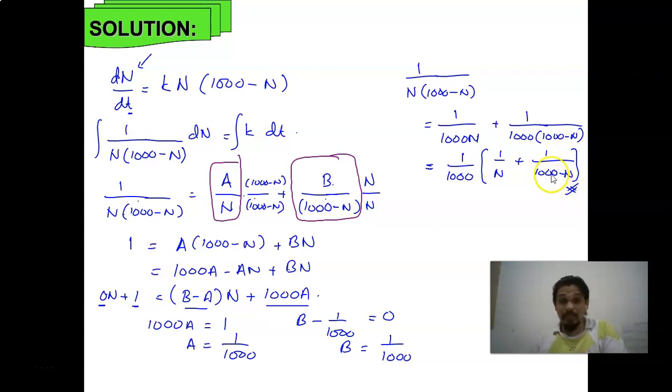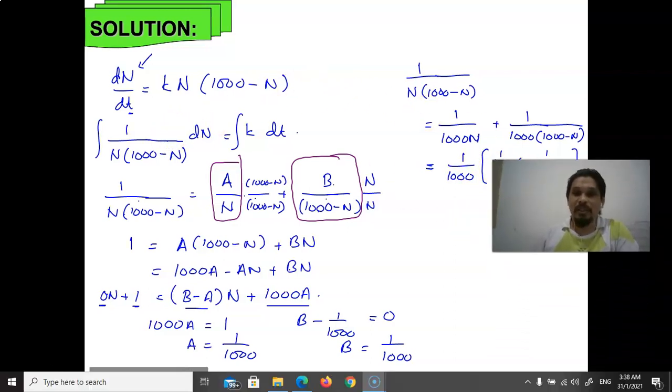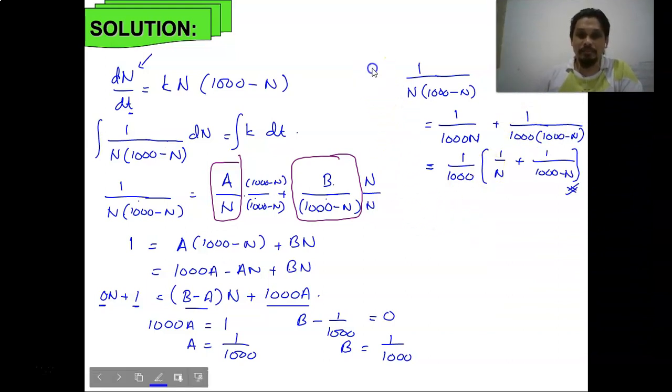So this is the one that we're going to substitute here. Don't forget the purpose of all this is to find out the value of A and B, and we already found them, and this is what we substitute here.